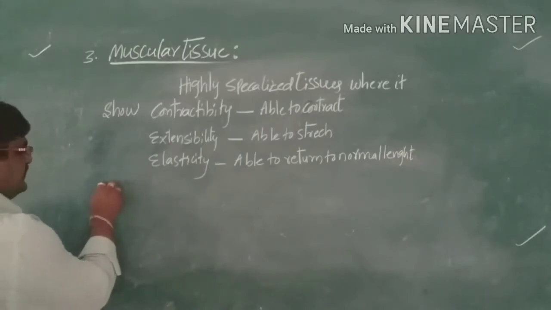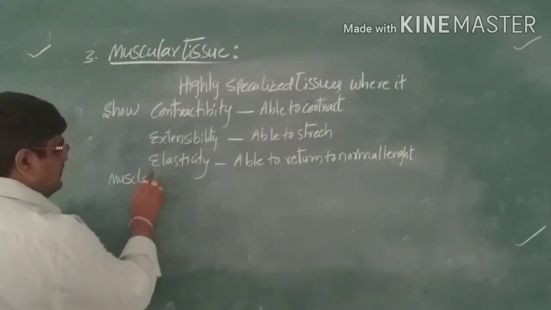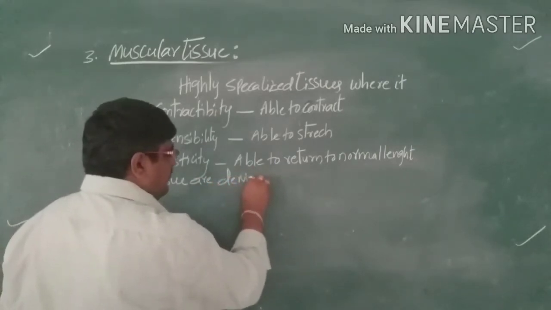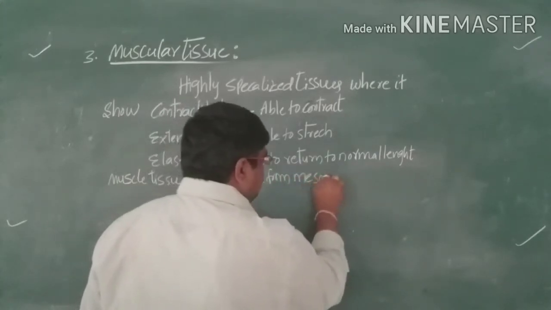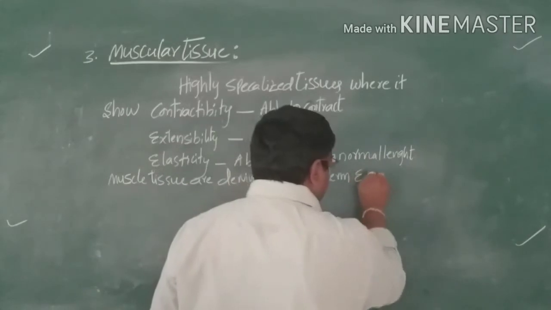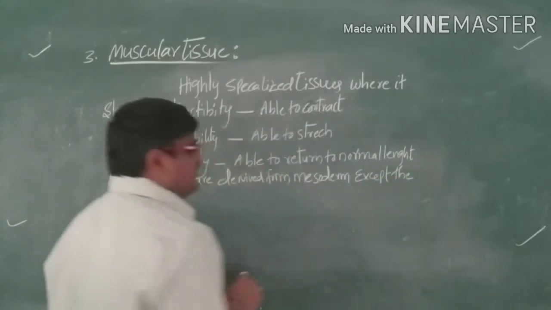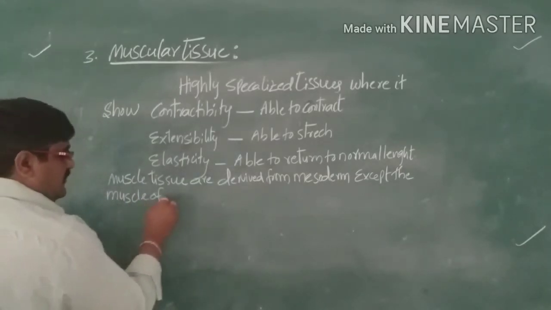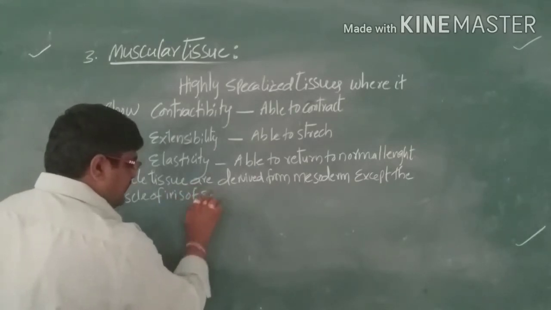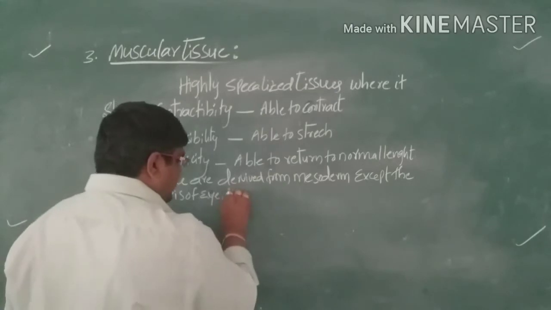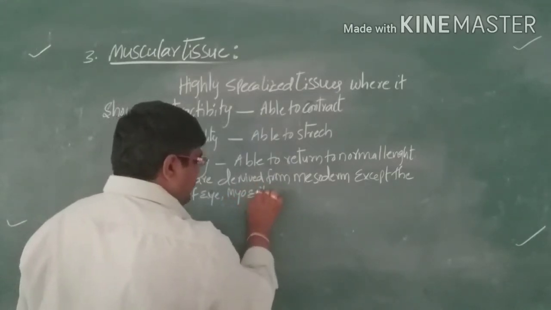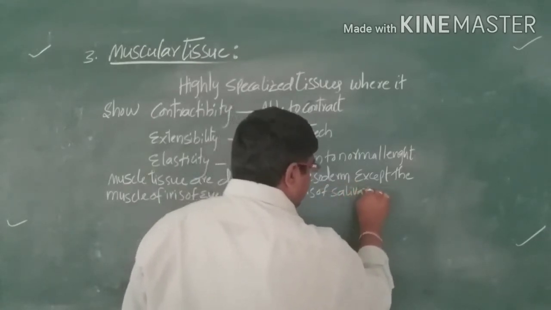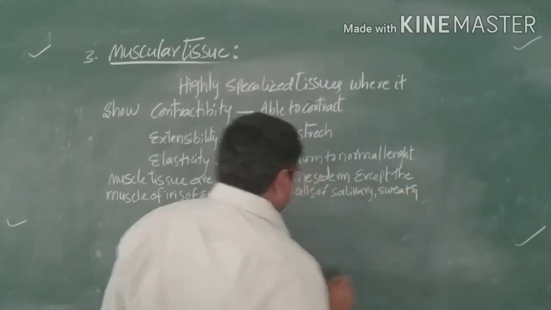The muscle fibers, the muscle tissues, are derived from the mesoderm, except the muscles of the iris of the eye, as well as the myoepithelial cells of salivary glands, sweat glands, and mammary glands.